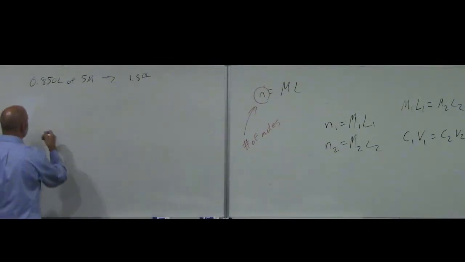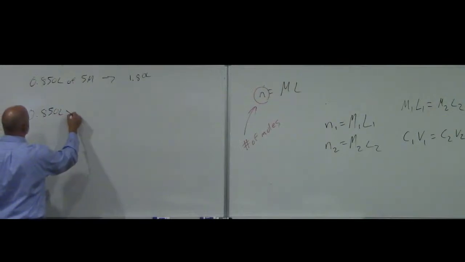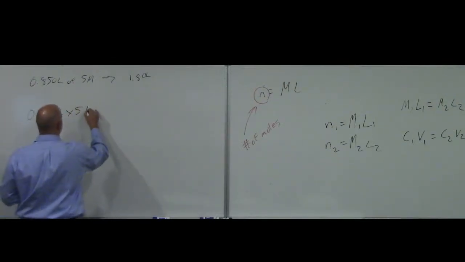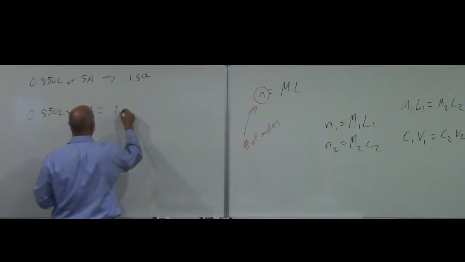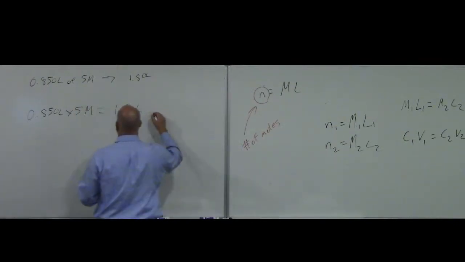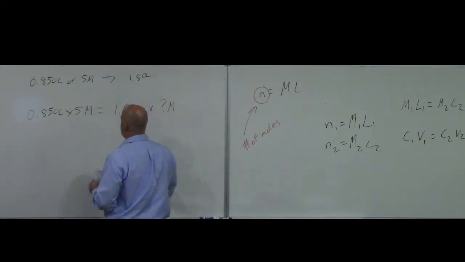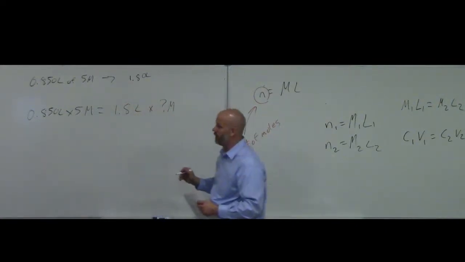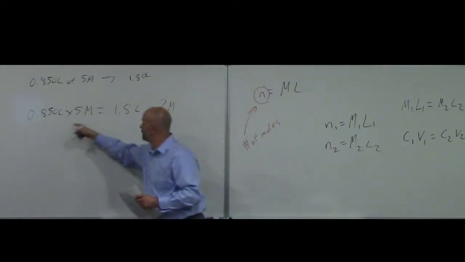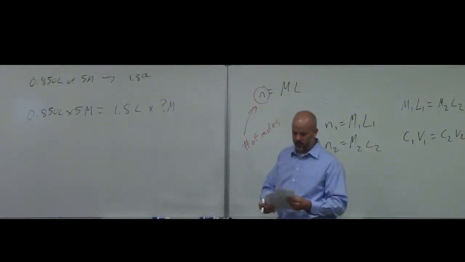So it's saying, hey, use that formula: 0.850 liters times 5 molar equals 1.8 liters of this unknown molarity, right? So I should be able to just multiply these, divide by that, to get that, right?